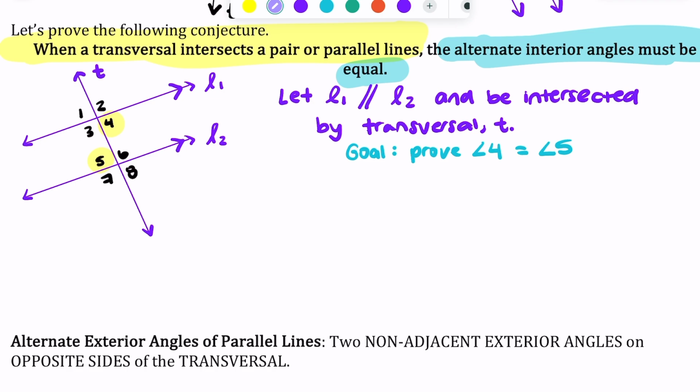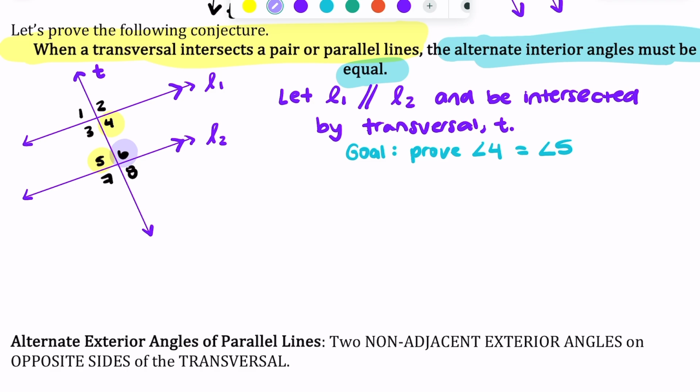I would not want to choose angle 6 because even though angles 5 and 6 add to 180, there's a specific math related to them. Angle 6 and angle 4 don't have a specific math relationship. Yes, they are technically both interior angles, but I don't know anything about what that means. It doesn't mean that they're equal. It doesn't mean that they add to something.